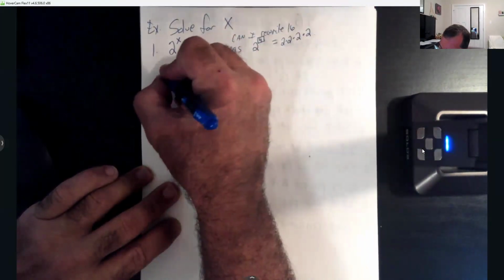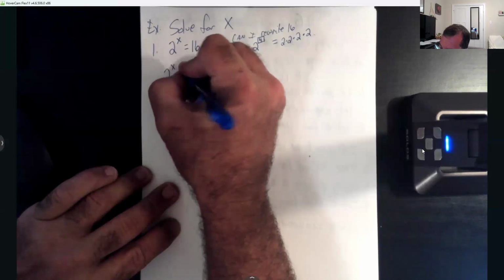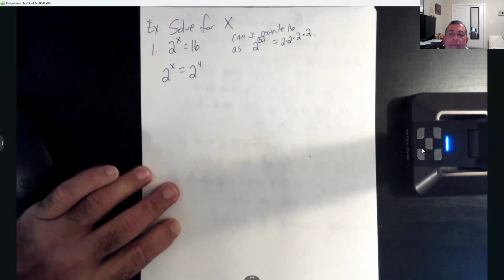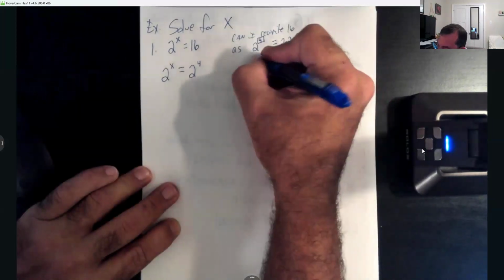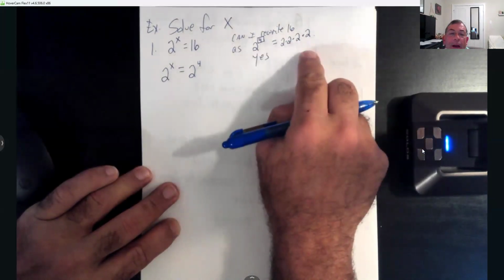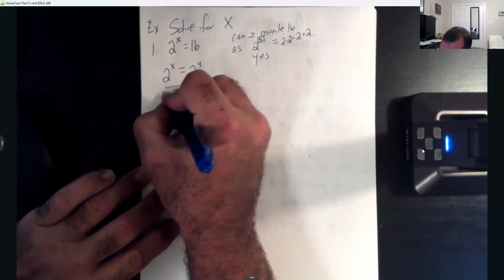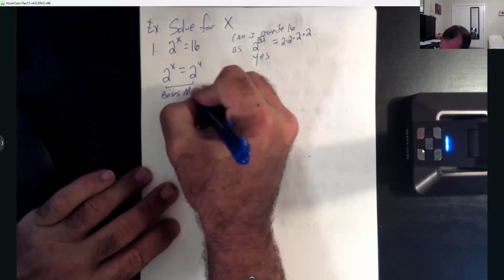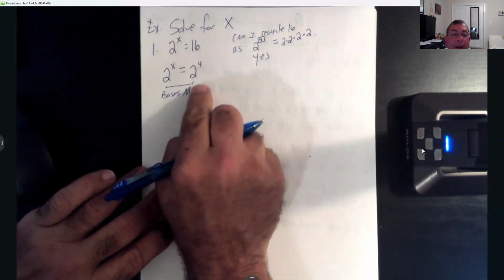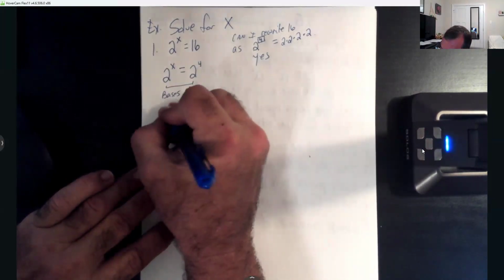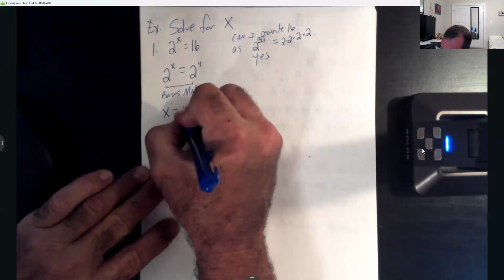So this will give me 2 to the x equals 2 to the 4th power. So that was this. Yes, we could rewrite it. So now these bases match. So since these bases match, that means the exponents are equal to each other, and x equals 4.